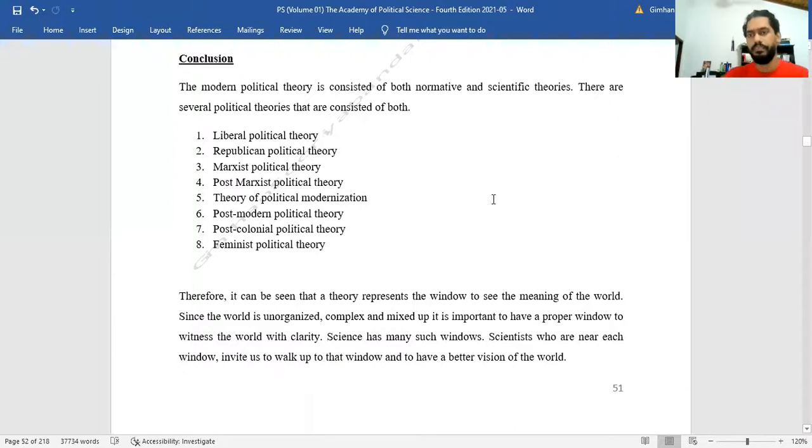Right. Thanks, sir. So you can see that there are two types of theories: scientific theories and normative theories. Scientific theories are the ones that are fact based. Normative theories are the ones that are value based. We studied this under approaches.